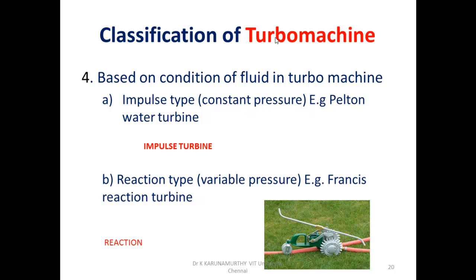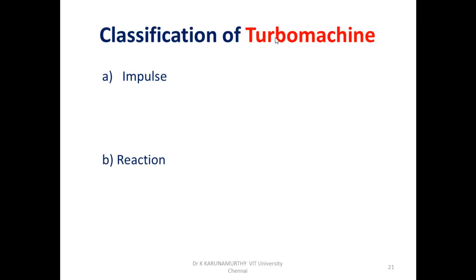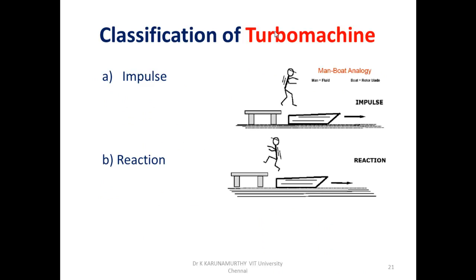This difference between impulse and reaction we can explain with the help of a man-boat analogy. Here there is a person, a man, trying to jump from a platform into a boat.